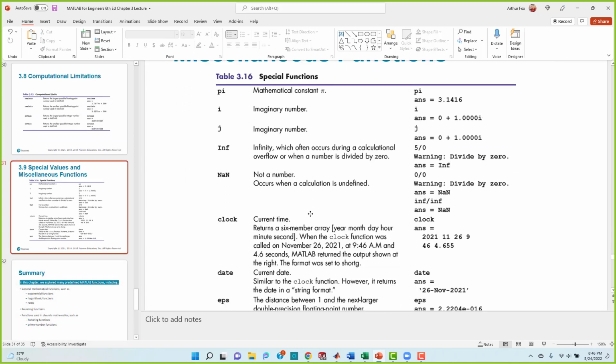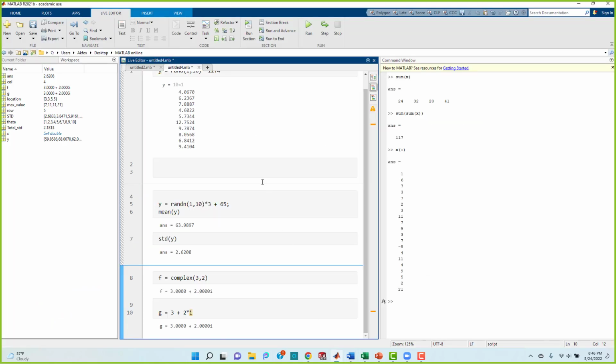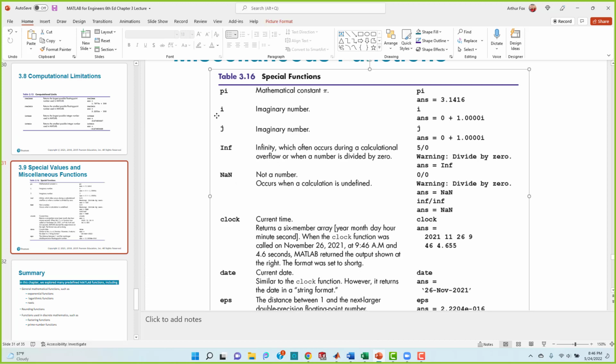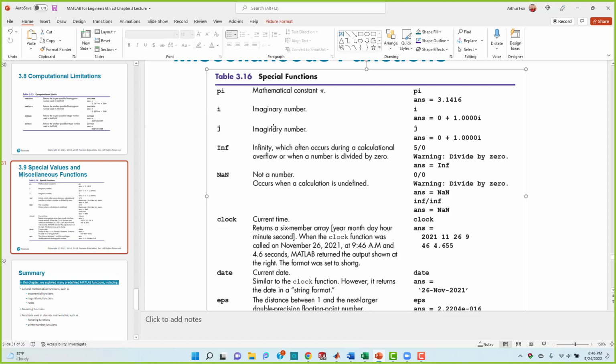And then finally, special characters: pi, i, and j. Now, i and j are imaginary numbers, as I just proved in MATLAB over here. Oops, not SolidWorks, MATLAB. SolidWorks is going to be open up here in a second. Sorry for that. If you're like me, from the old days when I was taking programming languages, i and j were always the index variables for loops.